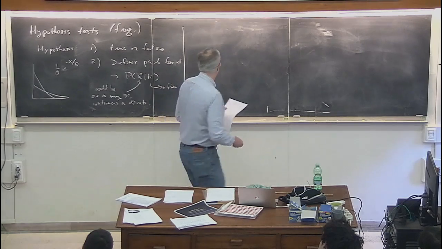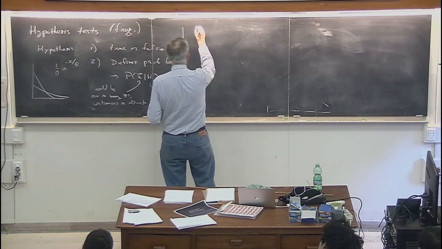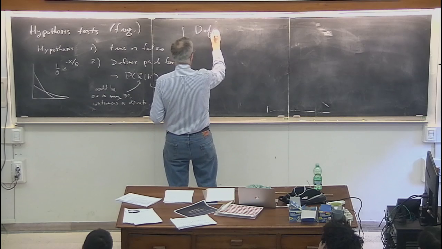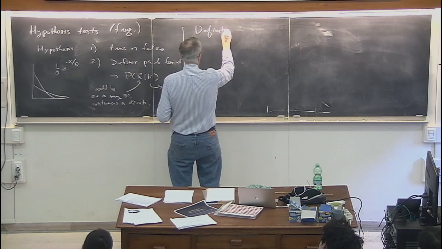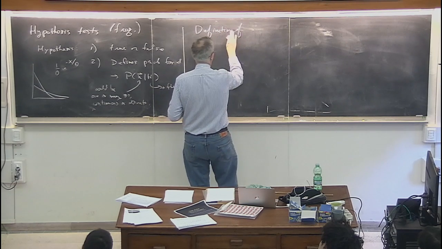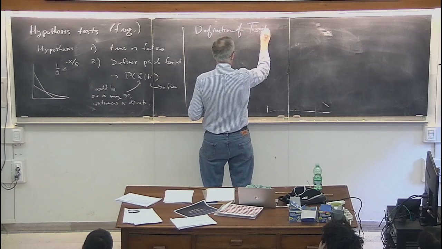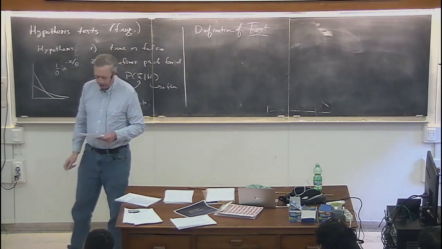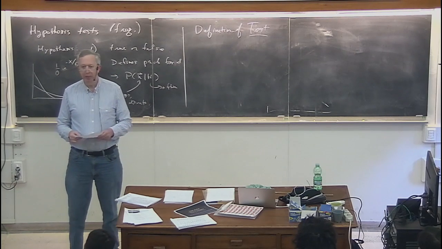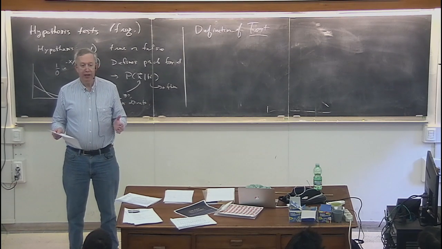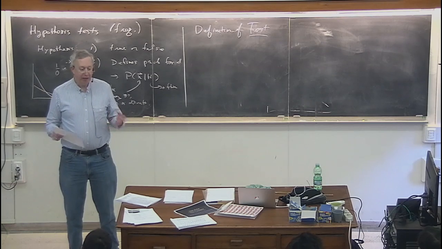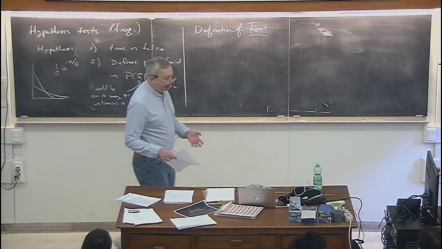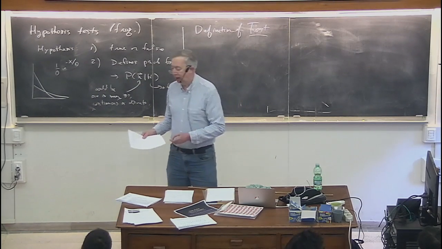Now, let me define a test. So to define a test, what I want to do is make some statement as to the level of compatibility between the data that I get and a particular hypothesis.